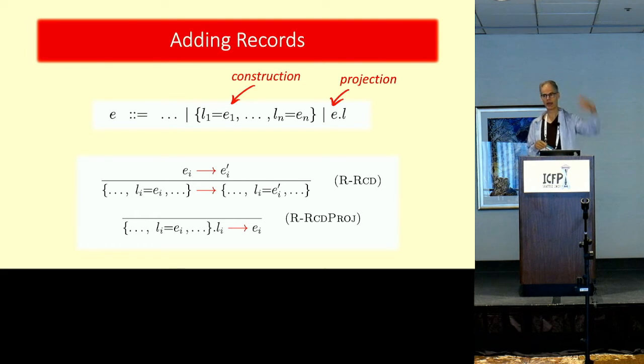It says if you have a concrete record value immediately followed by a dot label, you can do the projection by grabbing the label out, and that's the result. And then there's a so-called congruence rule analogous to the two application rules that says you can reduce inside of one of the fields of a record if there's a reduction available.